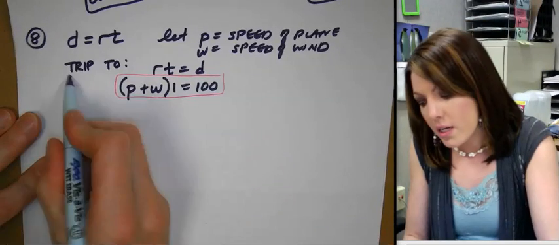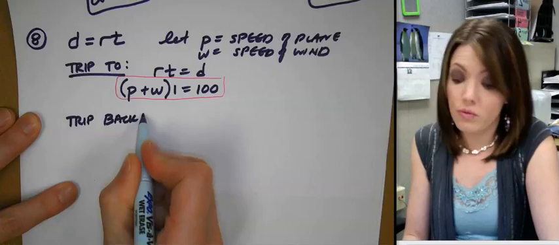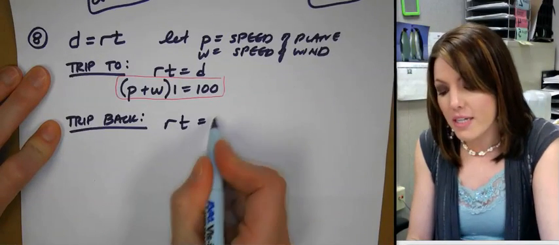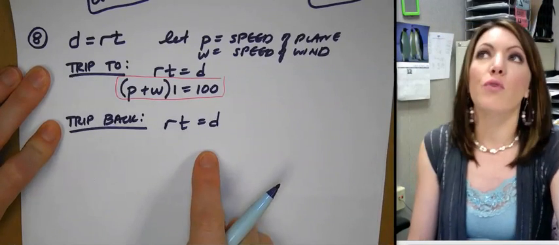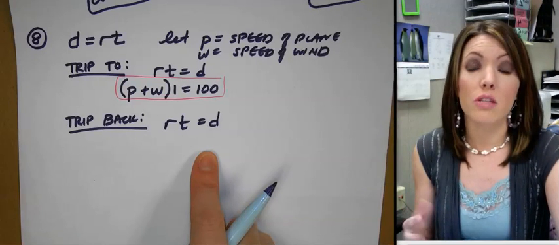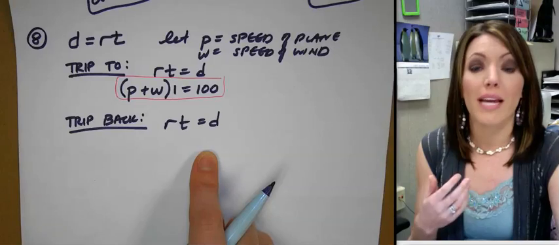Next we have the trip coming back. Again, rate times time equals distance, and if the trip there was with the wind, we can assume that the trip back was going against the wind, which means that the wind is slowing the plane down.